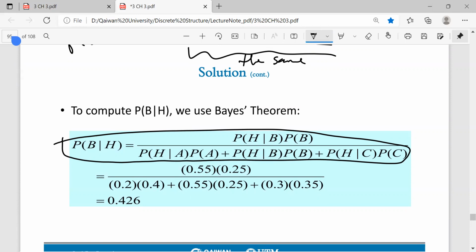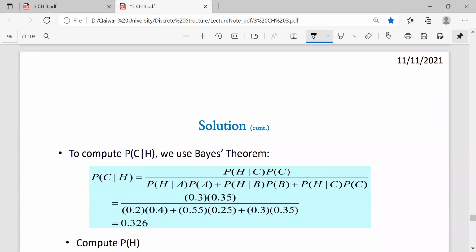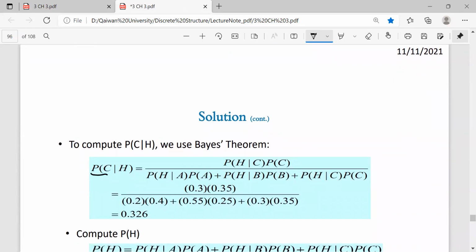So the most important thing here is to know this rule. If you know this rule, the other steps are only substituting the values. And for the probability of C given H, as I said, only the numerator is going to be changed. It becomes the probability of H given C times the probability of C, and the denominator is the same.